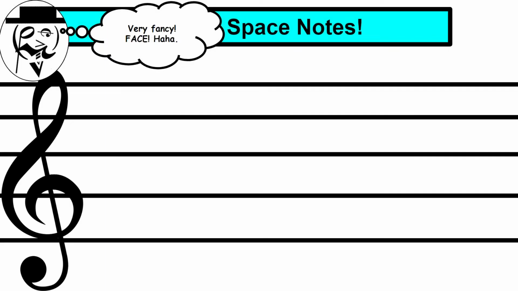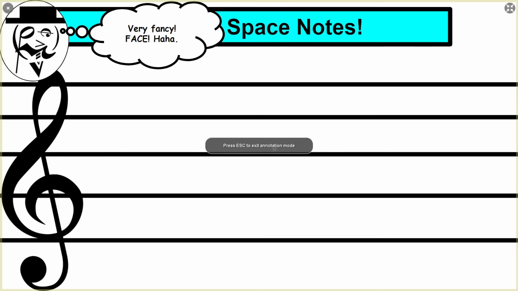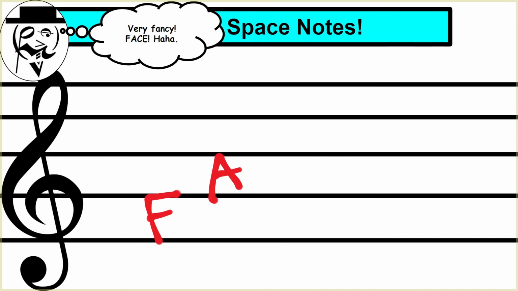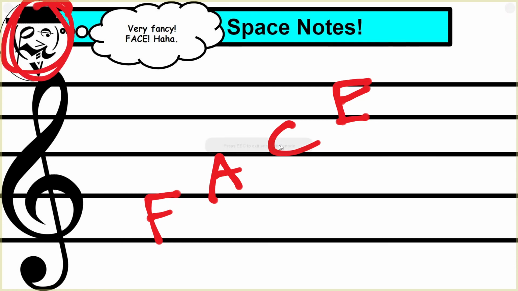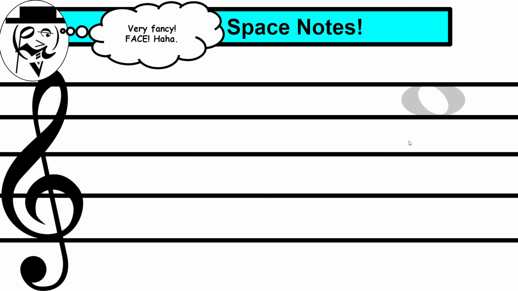All right. Mr. Music, how about I go ahead and go through the space notes? That took a long time. Well, I think actually the best way to do it is just to remember F, A, C, E, face. Just remember my beautiful face. Pretty good, Mr. Music. You took it right from me. So let's see.